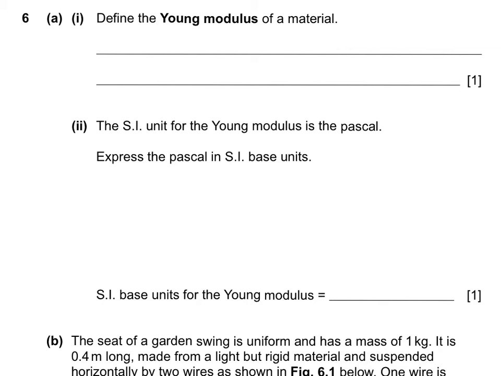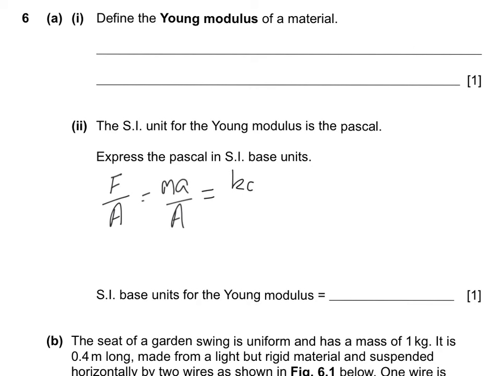So the SI unit for the Young's modulus is the Pascal. Express the Pascal in SI base units. So we think of force over area, and force can be thought of as mass times acceleration, and we're dividing by area, so we can now put units into all of that.